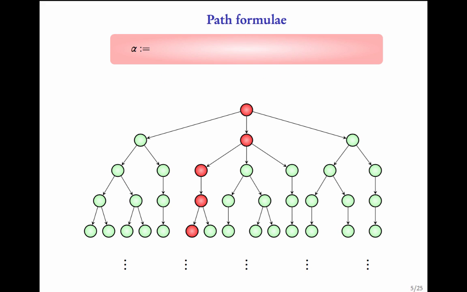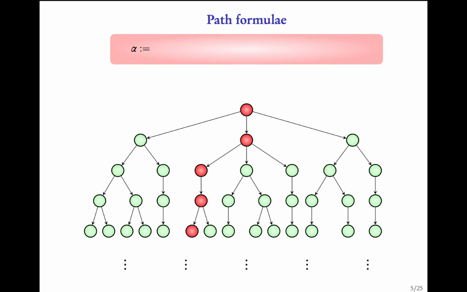Let us now look at path formulae. The things that you can talk over paths. So alpha is a path formula if it is of the following forms. Suppose you look at a state formula. You can also evaluate it on a path and say that this path satisfies this formula phi if the initial state satisfies this state formula.